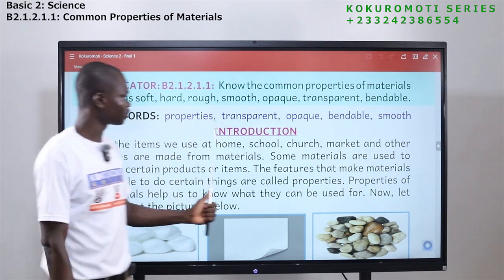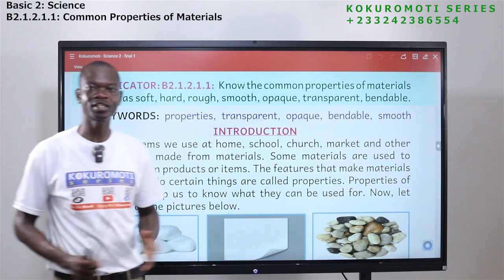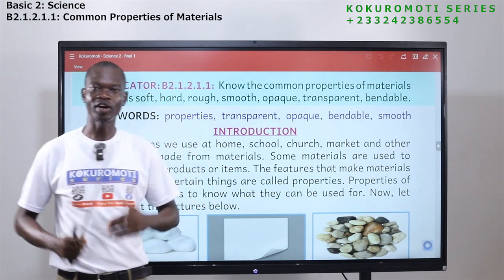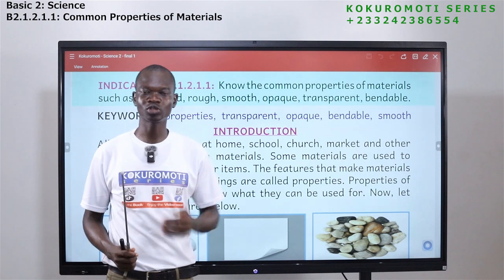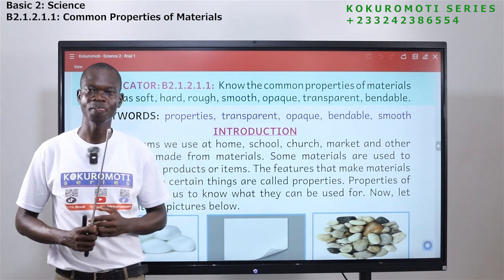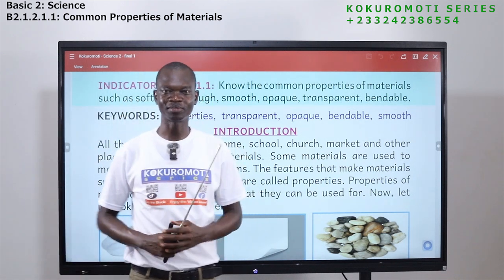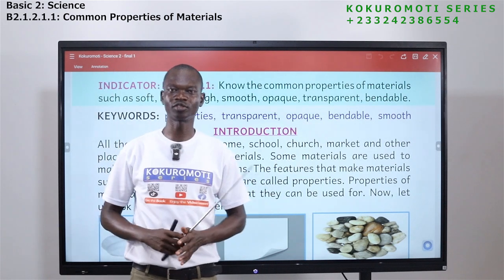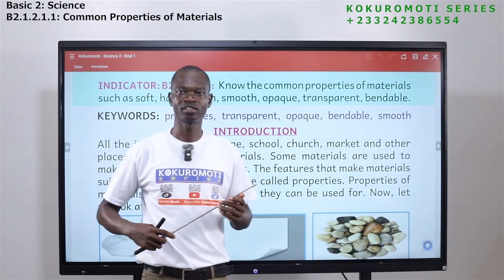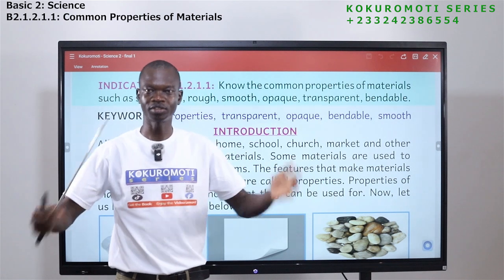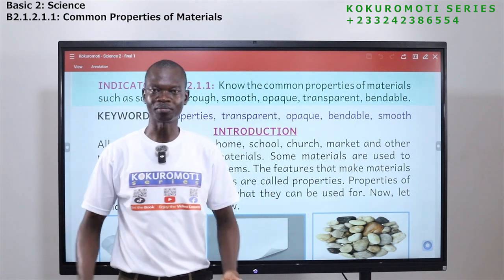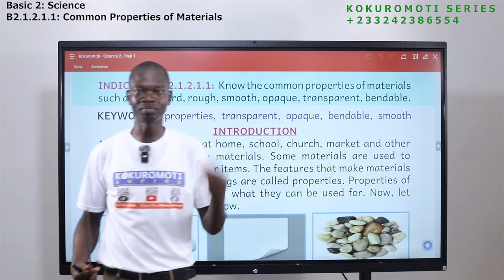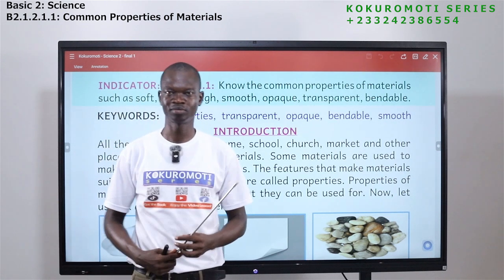Okay, the next word, transparent. If a material is transparent, it means we can see through that material. If you are standing there and they put that material in front of you, you can still see those behind it, because transparent materials are materials that we can see through.